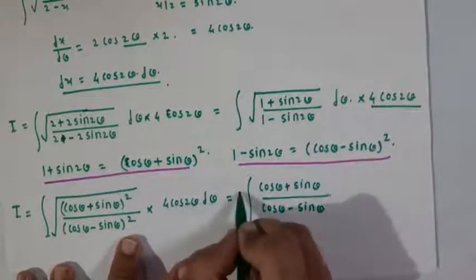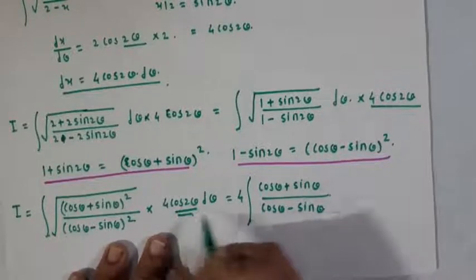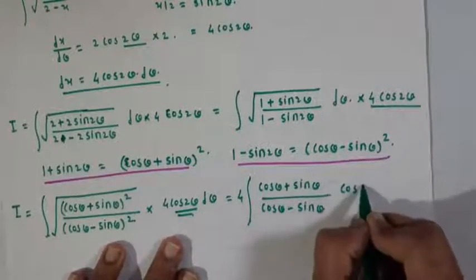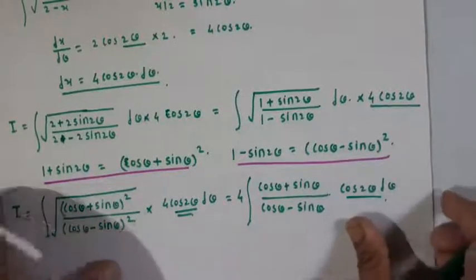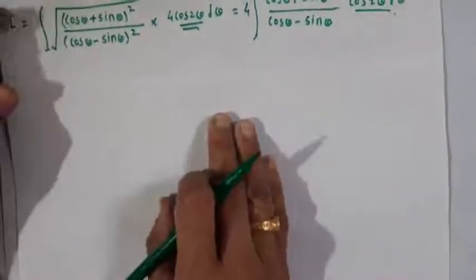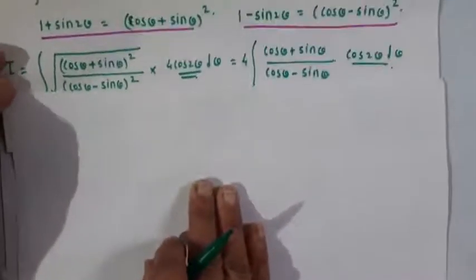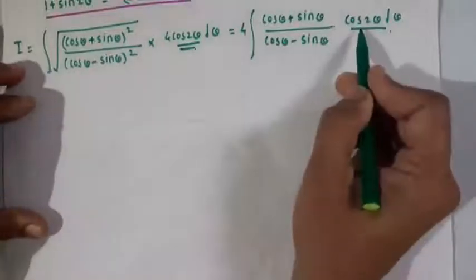The 4 as a constant, take it outside and put the value of cos of 2 theta.